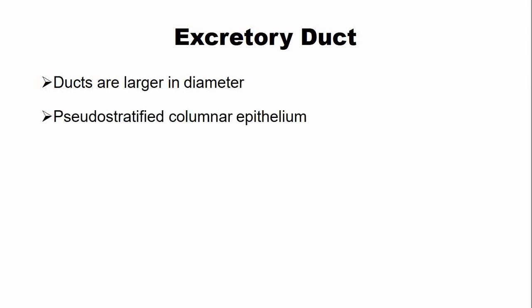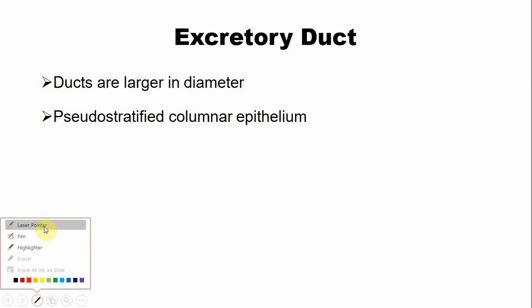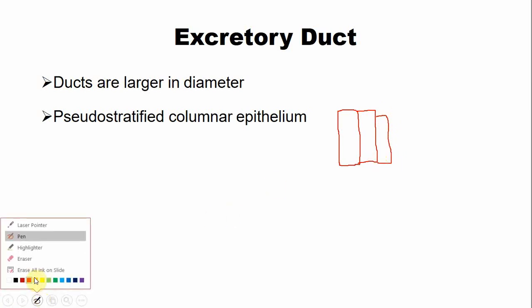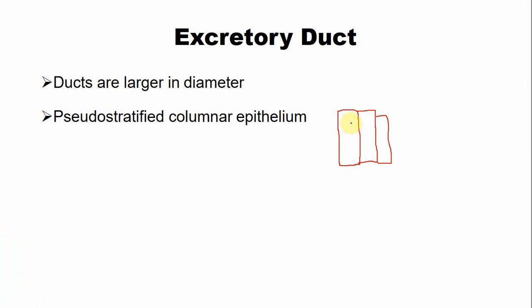The shape of these cells is pseudostratified columnar epithelium, and by pseudostratified we mean there is a single layer, but because the nuclei are positioned at different levels, for example, this is one cell, this is another cell, this is another columnar cell, under the microscope it appears like there are numerous layers of cells, but actually there is a single layer of cells.